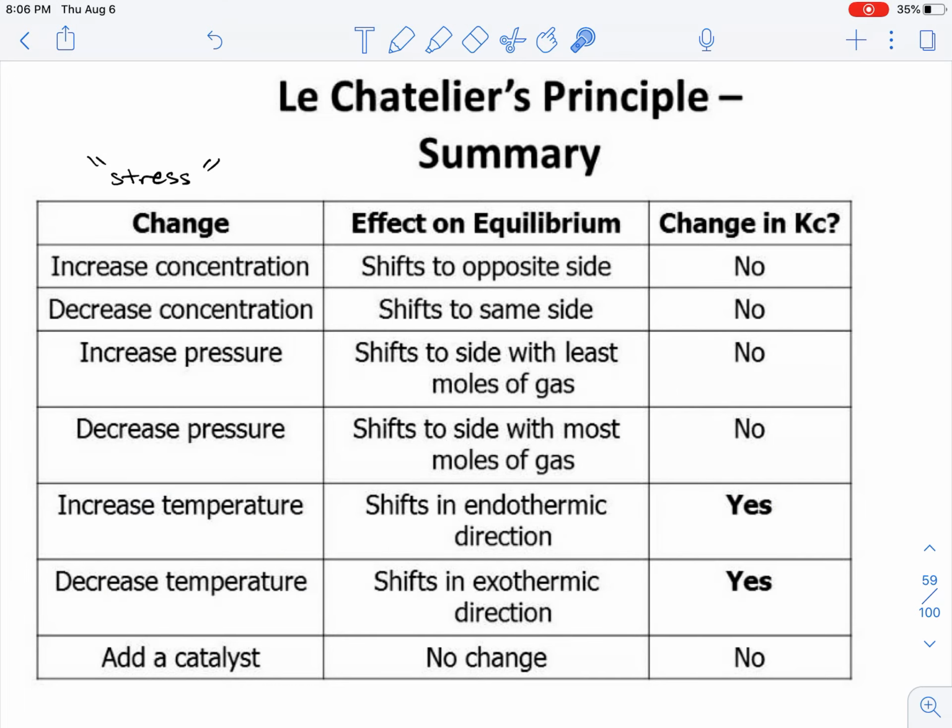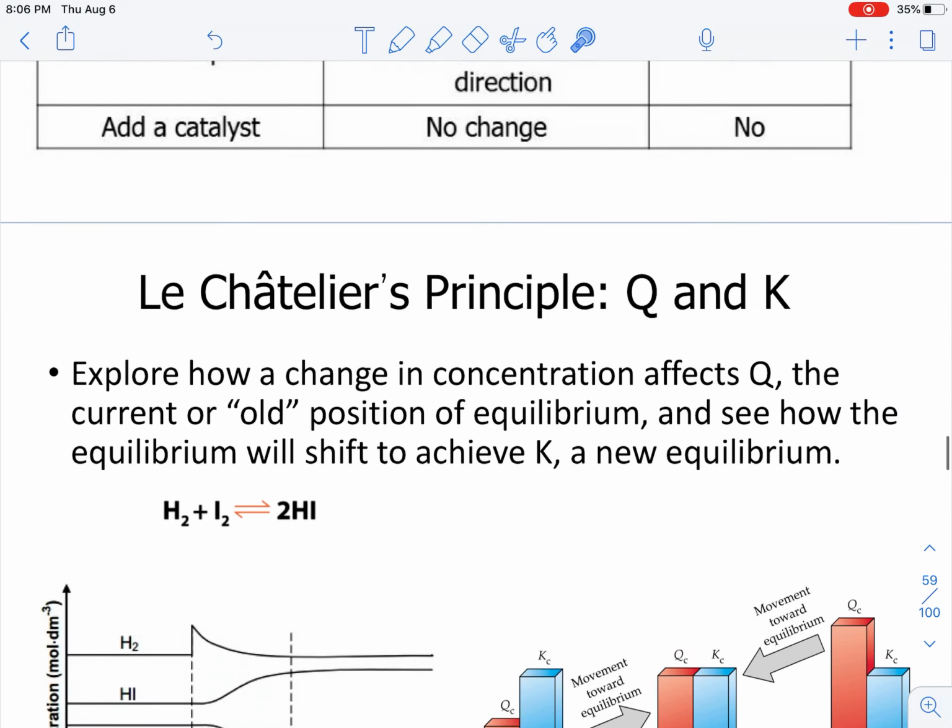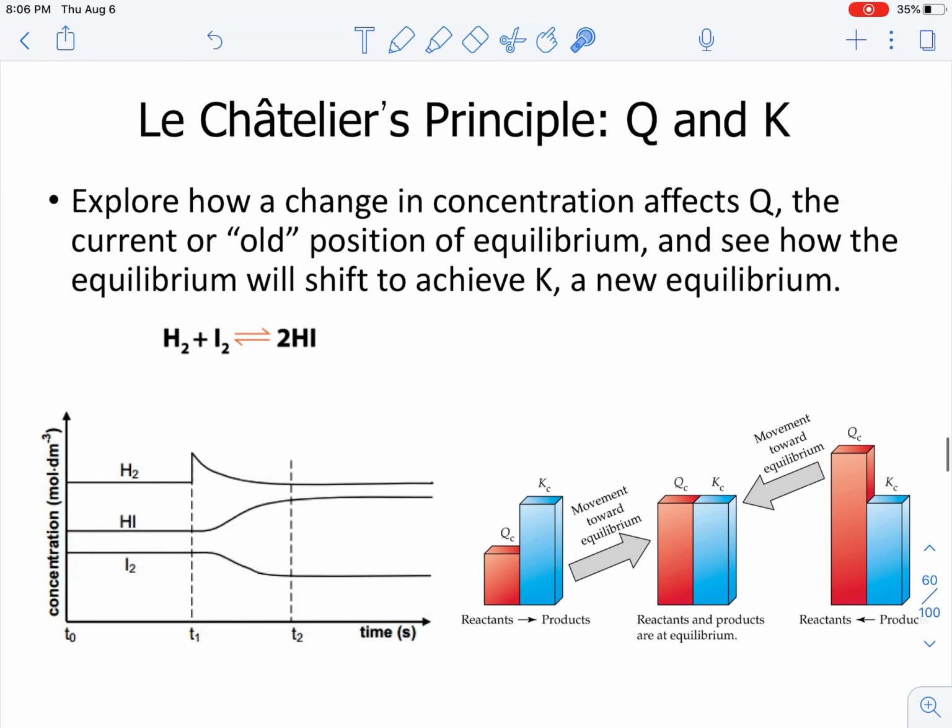Okay. And so what I want to do next is continue covering the concept between the reaction quotient Q and the equilibrium constant K. We're going to go ahead and apply Q and K with respect to Le Chatelier's principle.